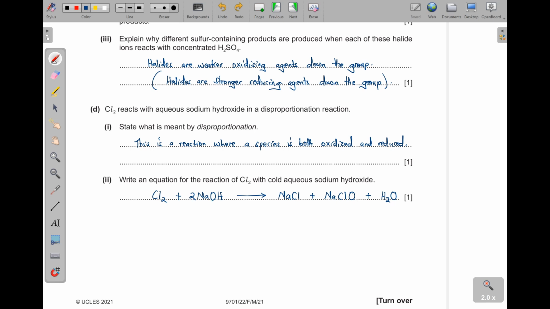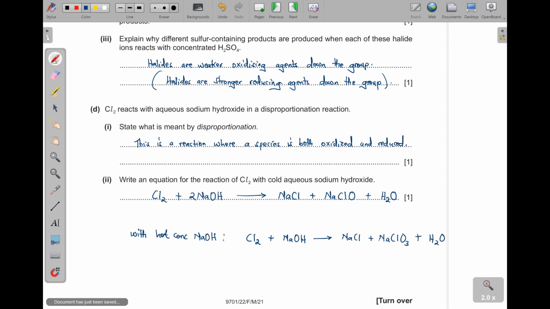Now, with hot concentrated sodium hydroxide, this is what you get. You get chlorine plus that sodium hydroxide. You still get sodium chloride, but then here you get sodium chlorate(V), so with the 3, and then water.